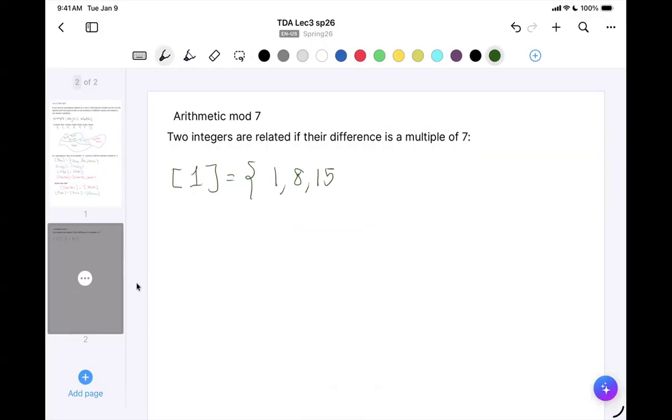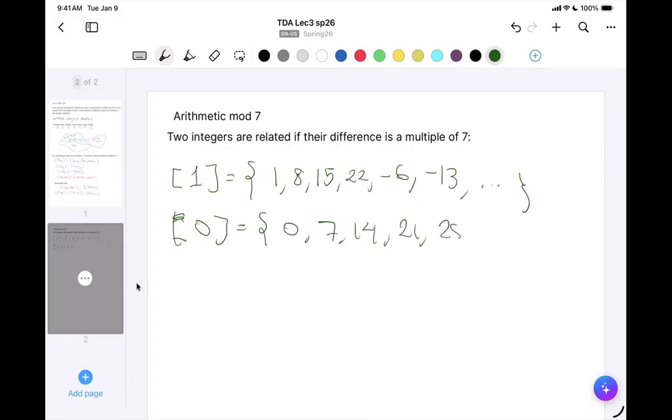So essentially, once you start with 1, you just keep adding multiples of 7 in any direction, because you could also work with negative values. So you could have 22, or you could have -6, -13, etc. Or, for example, the equivalence class of 0 is a nice one, right? It's 0, 7, 14, 21, 28, -7, -14, and so on.